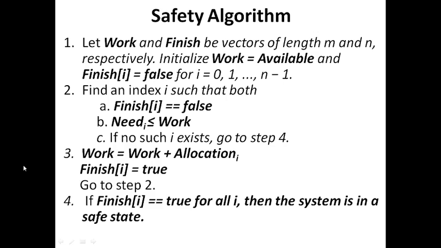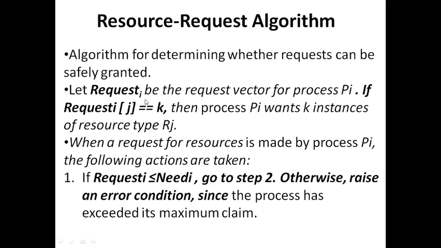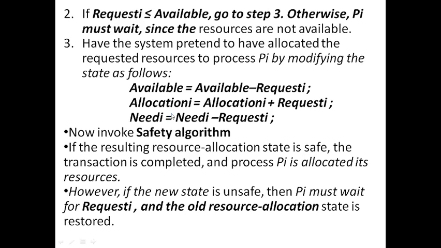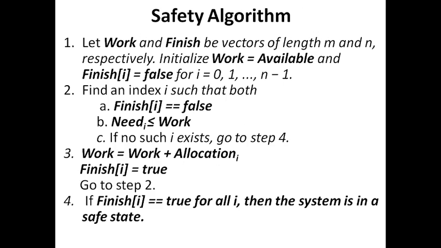In this way, if it is able to finish all the processes, then it will reply to the request algorithm that the system will be in a safe state even after the resources are allocated to the process. Otherwise, it will reply that it should avoid making that allocation because that will lead to an unsafe situation. That's what is done here.